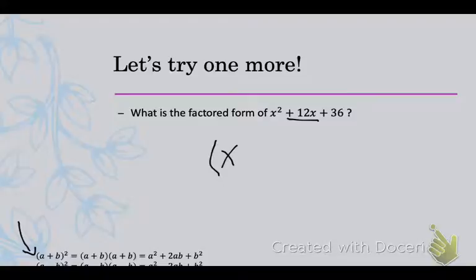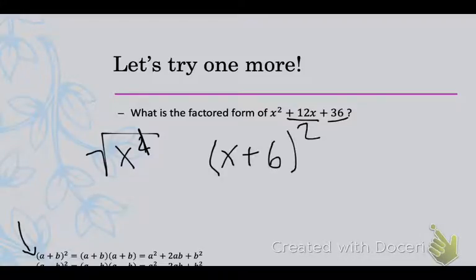If you remember, when you take the square root of something squared, they cancel out. That's why the first term is x, and there's only a 1 in front of it. The last term is 6, the square root of 36 again, but this time the middle term is adding, so I'm going to add 6, and then square the whole thing. That is my answer. Those of you that like shortcuts should like this.